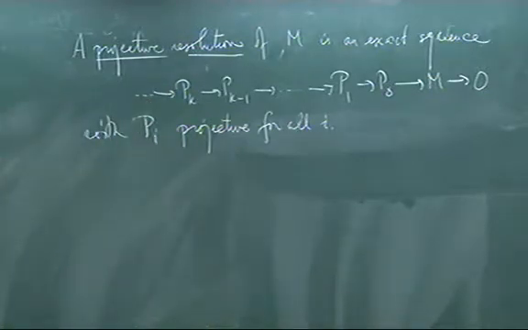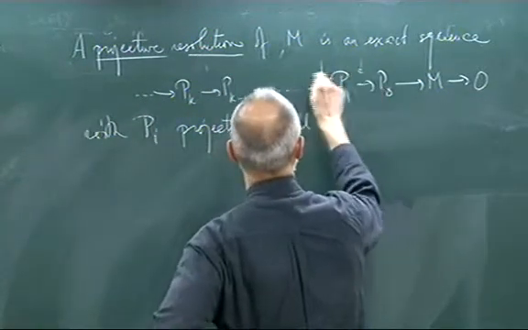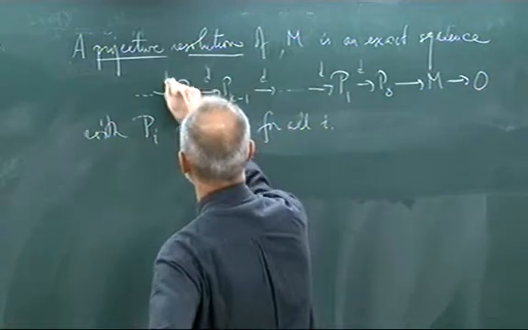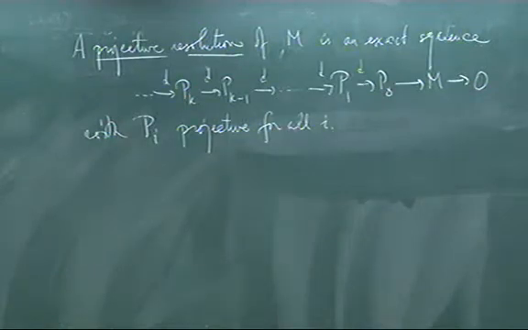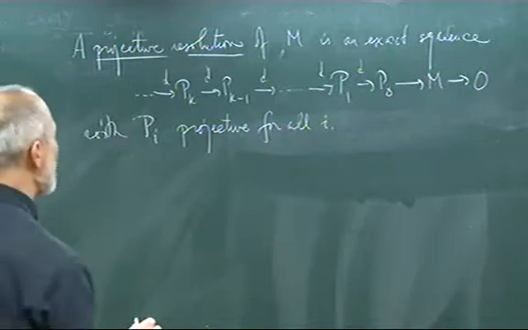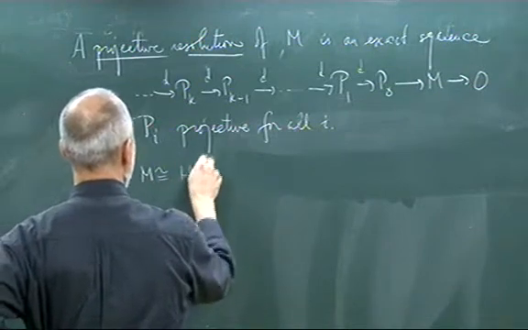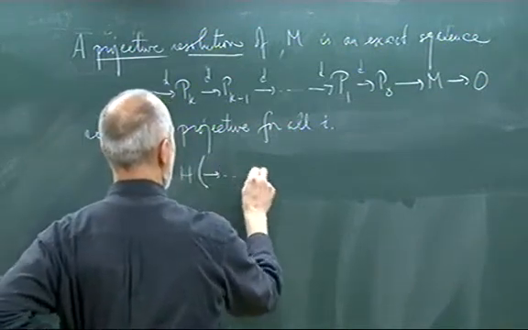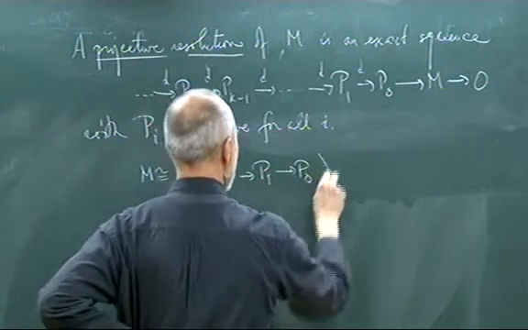Okay, so that's a well-defined notion. I guess I'll denote these mappings between the P's by a differential d, although obviously since this is exact, we're not interested in the homology of this sequence. But I will point out that M is the homology of the sequence that stops at 0.